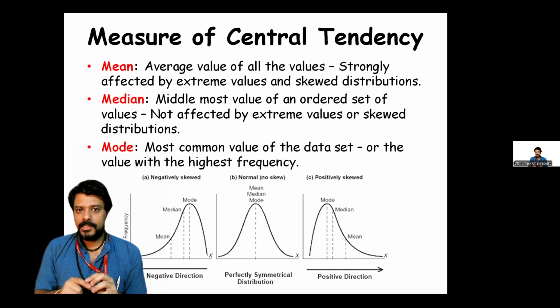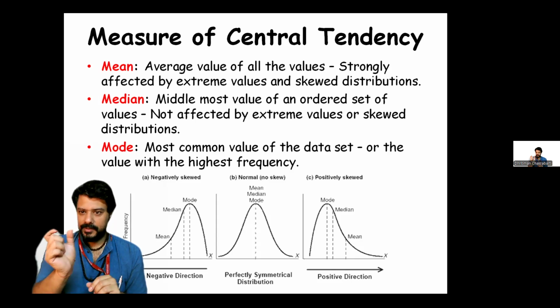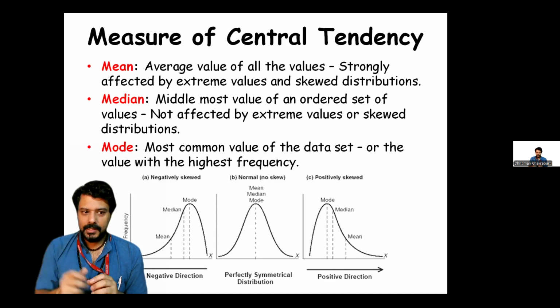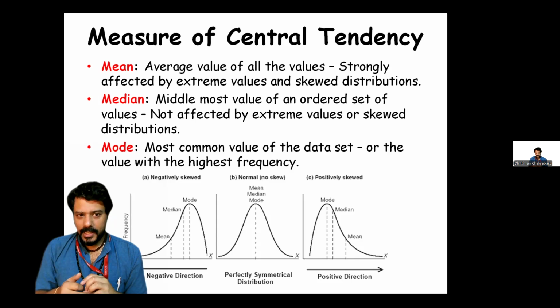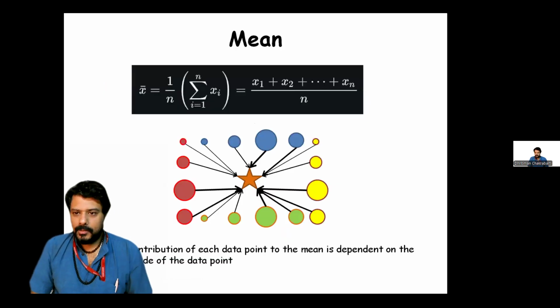If the data is ordinal type, meaning that the difference between the levels is not fixed, then we go for medians. There are a few other caveats to using mean and median appropriately, and I'll talk about them as I go through this video. So first, let's talk about the mean.